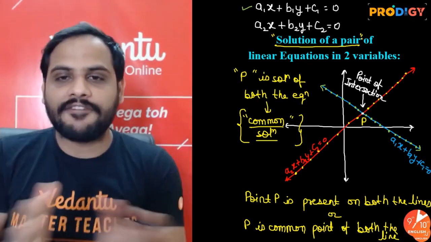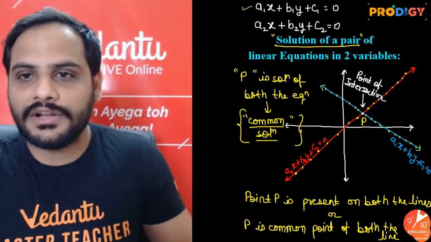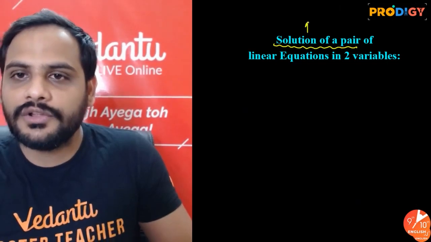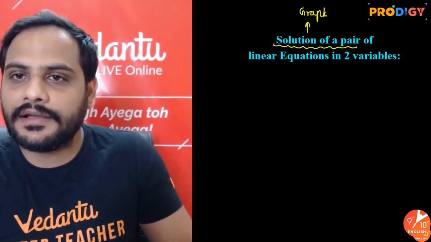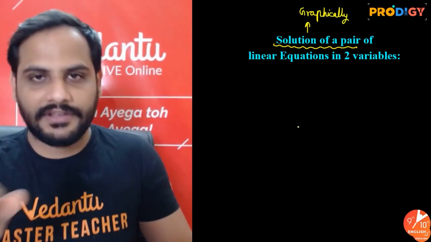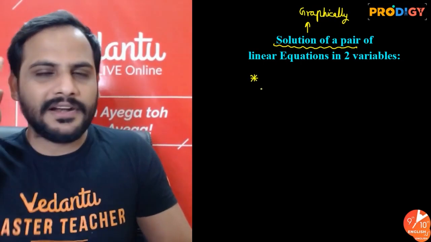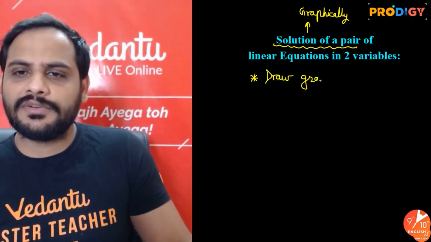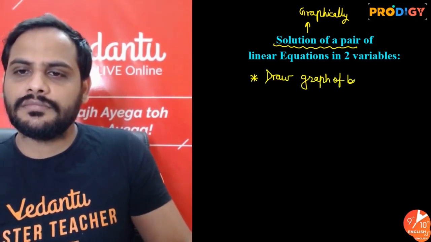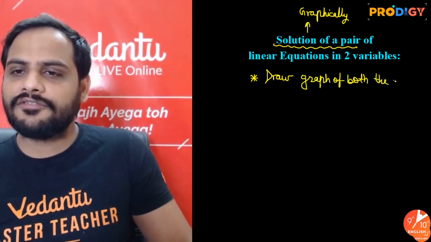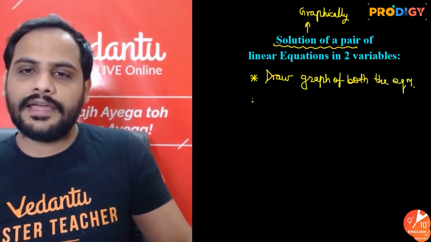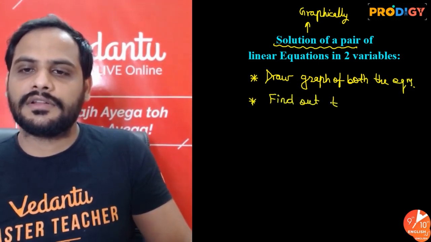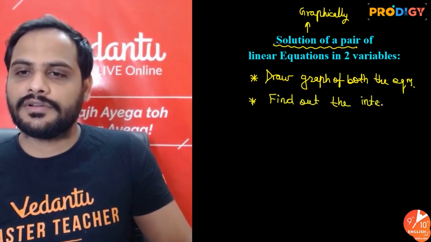Okay? So graphically, if I have to find out the solution of a pair graphically, it is simple. Draw the graph of both the equations and find out the intersection point.